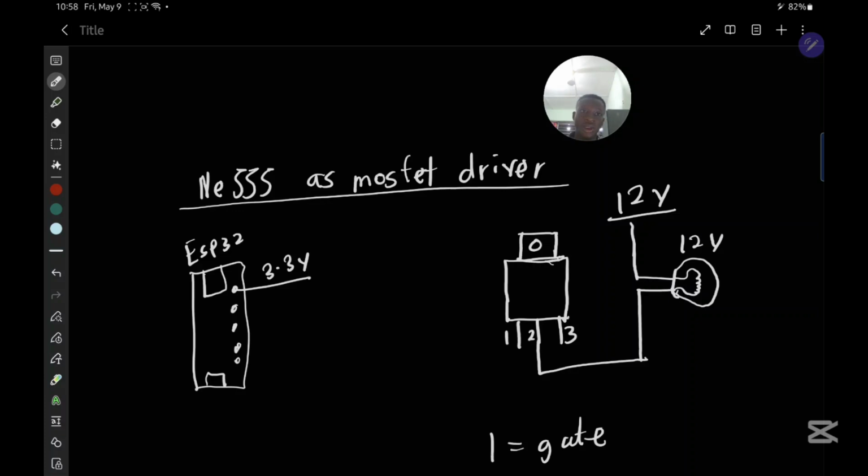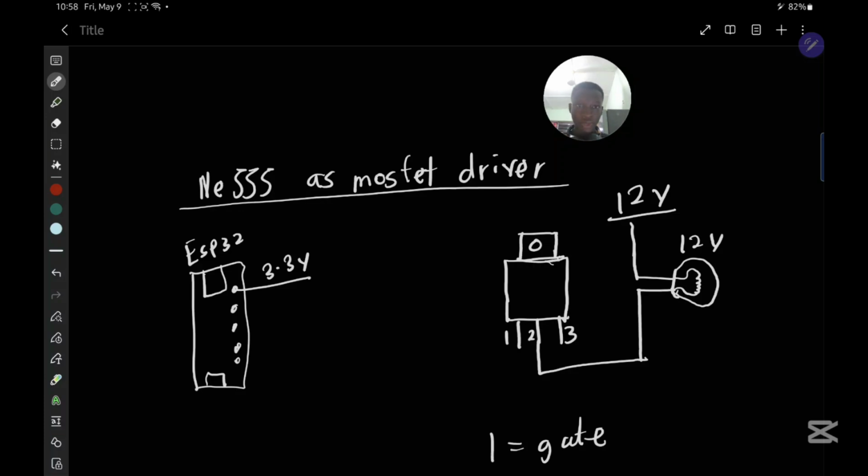Now the ESP32, as I said, could actually drive this whole circuit, but it will struggle to do so, and there will be a lot of heat, no efficiency. But MOSFETs were made so that we can switch more efficiently, right? So in that case, we need an amplifier to amplify the 3.3 volts from the ESP32 to the gate to be able to drive it at its full voltage.